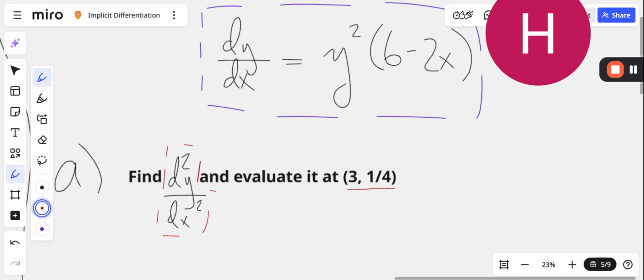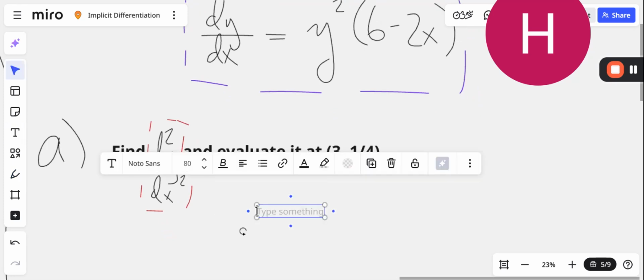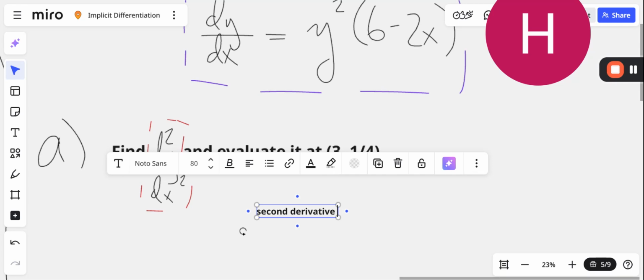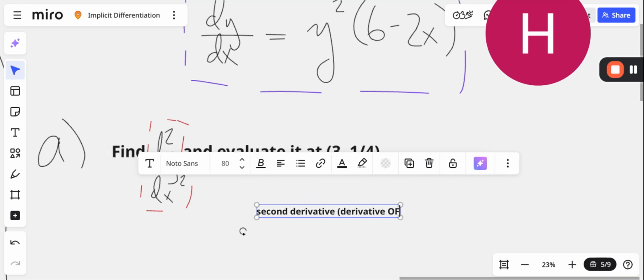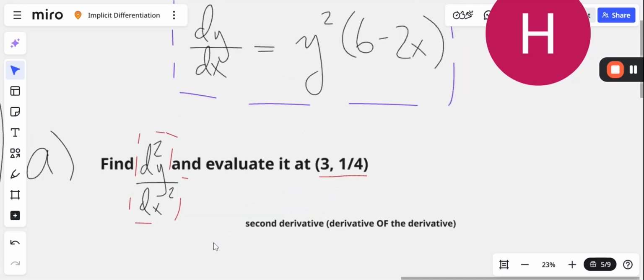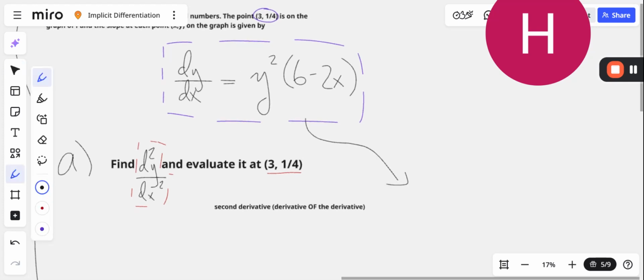So what is this d squared y dx squared? This is essentially telling us to find the second derivative, or the derivative of the derivative. And so to work with that, we're going to use this equation here, and we're going to take a derivative of both sides.